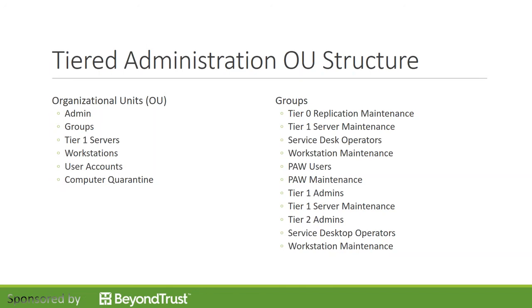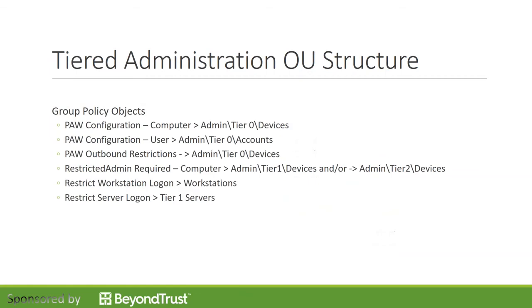And as well as the OUs and the groups, we also get a series of group policy objects. Now unfortunately, the scripts don't create these group policy objects. You will need to create them and link them to the necessary OUs yourself. There is just one exception to that, and that is the port outbound restrictions.